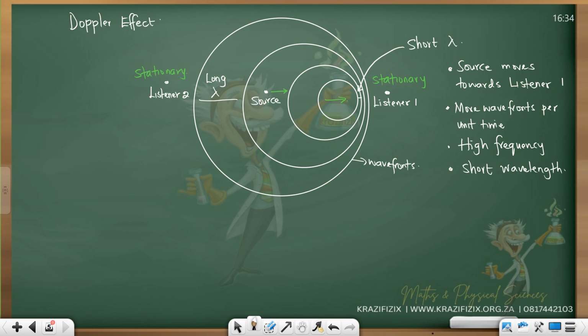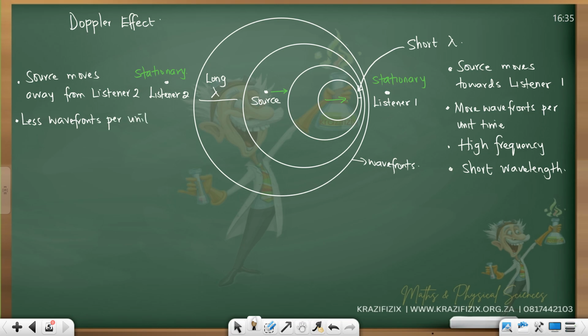But as we move towards listener 1, the source moves away from listener 2. Less wavefronts per unit time.